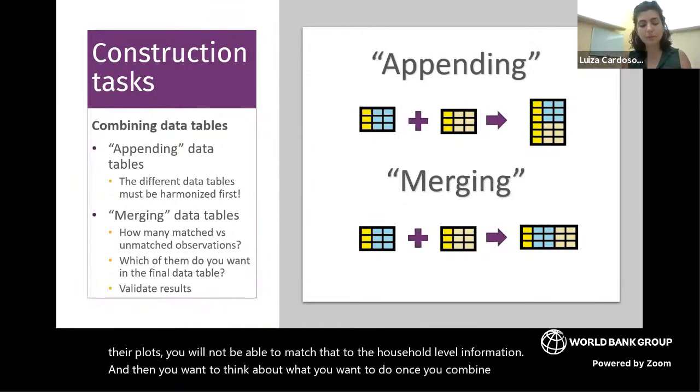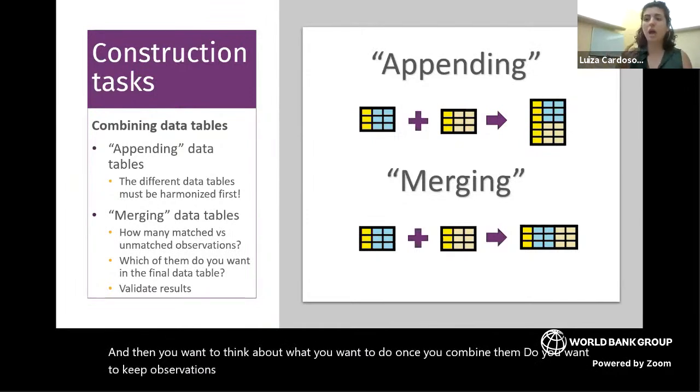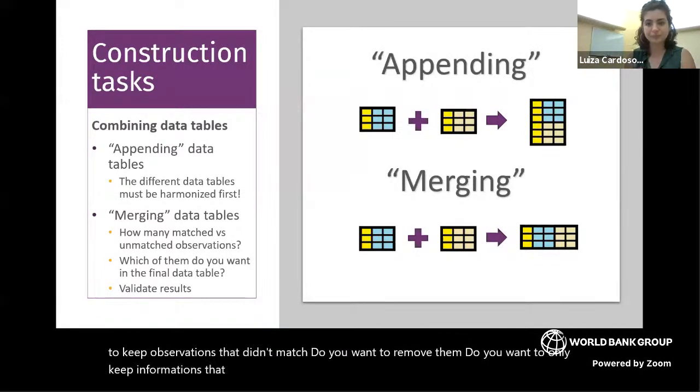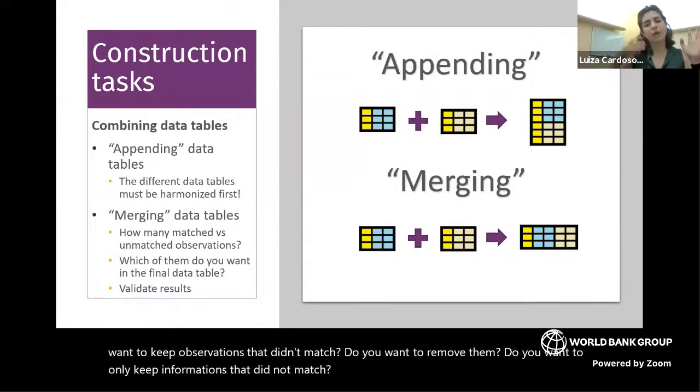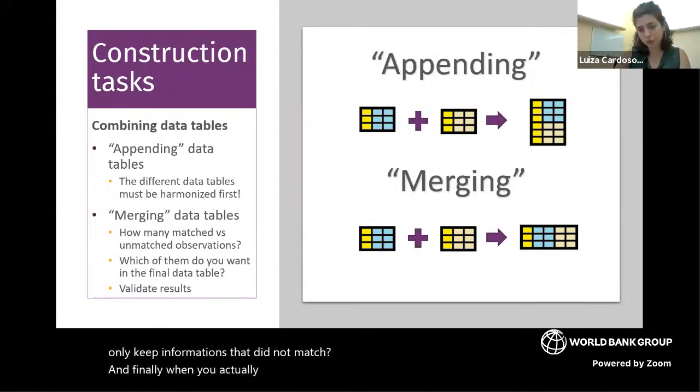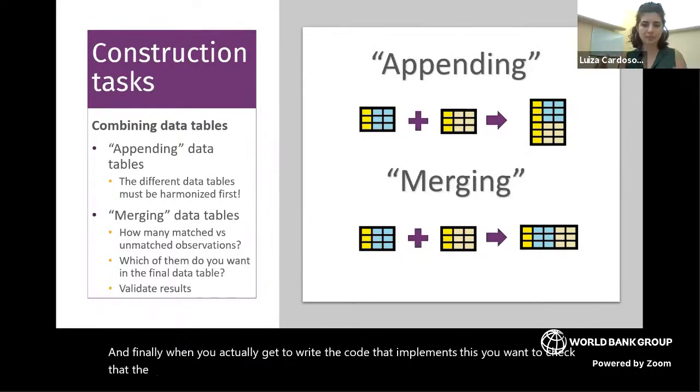Do you want to keep observations that didn't match? Do you want to remove them? Do you want to only keep observations that did not match? And finally, when you actually get to write the code that implements this, you want to check that the result matches your expectations and what you intended to do in your analysis.